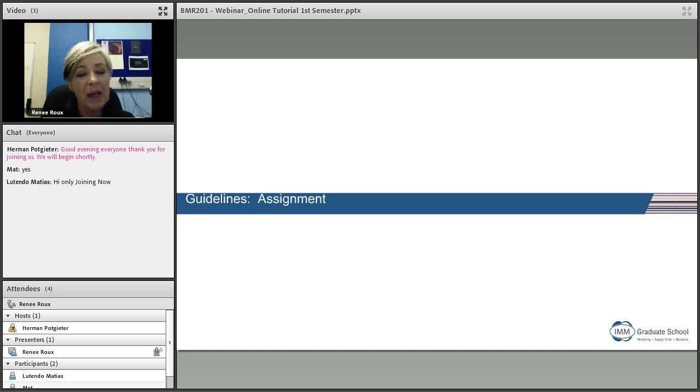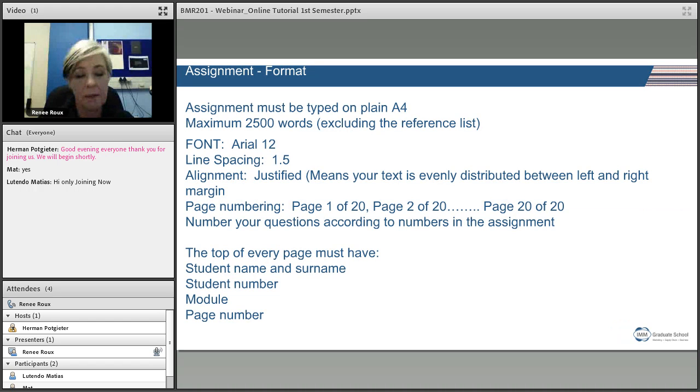It's heartbreaking to see how much effort people put into their assignment, and then we mark negatively on the format, the layout, referencing, in-text citation, and you didn't follow the right formats, and you lose unnecessary marks. And it can sometimes mean the difference between a distinction or the difference between a pass and a not pass. So let's just spend a little bit of time on this.